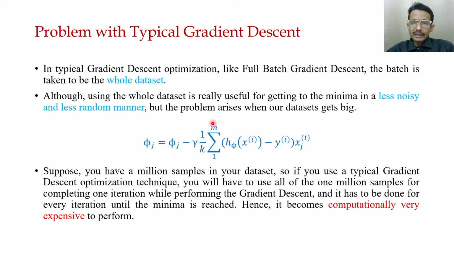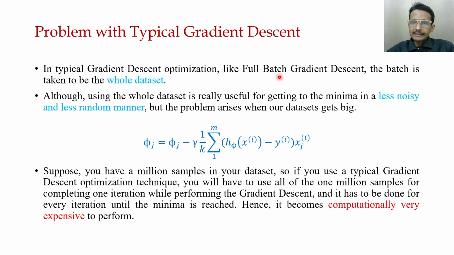This is the weight updation equation we discussed in earlier slides: phi j new is equal to phi j minus gamma, the learning rate, times the error term, h of phi x i minus y i, differentiated with respect to phi j, so it becomes x j i, and this is 1 by m. But the major thing to understand is that these values are summed up over all the data samples.